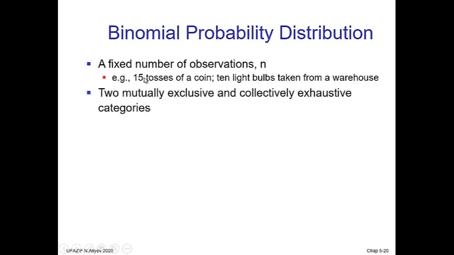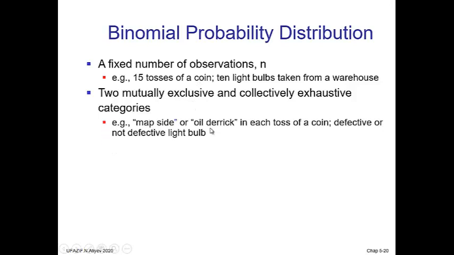In each observation, or in each trial, you have just two possibilities. For example, when you toss a coin, you can have just the map side or the direct side. For the light bulbs, you have just two possibilities: defective or not defective.